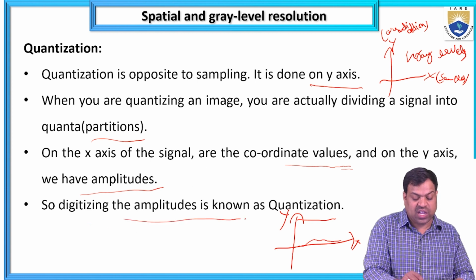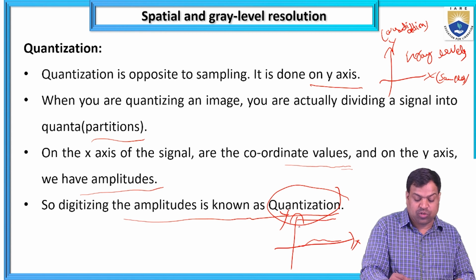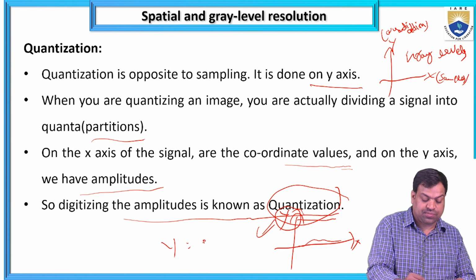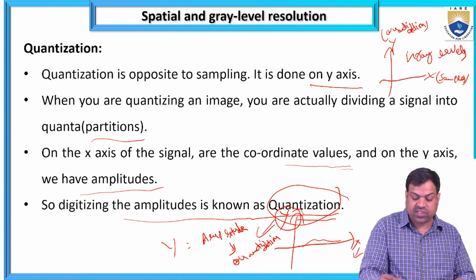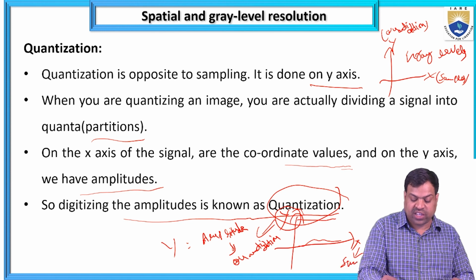The digitization of amplitude is known as quantization. So digitizing amplitude means the y-axis is amplitude, yes, y equals amplitude. Amplitude I am taking as quantization. The x-axis I am taking as time, so the number of time samples is the samples.